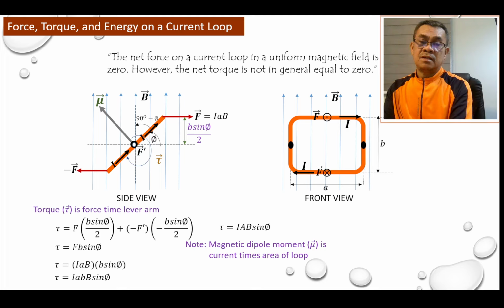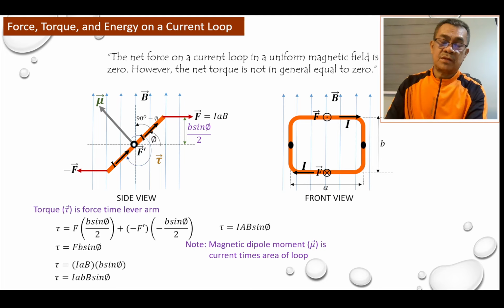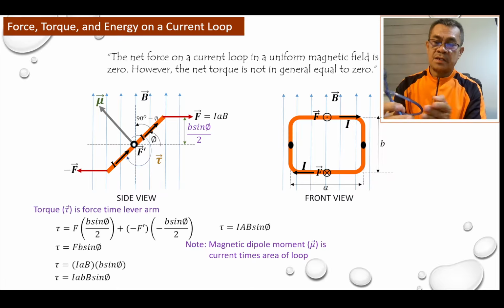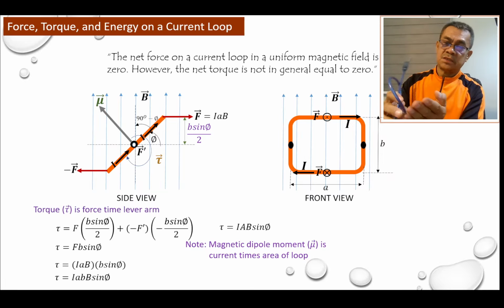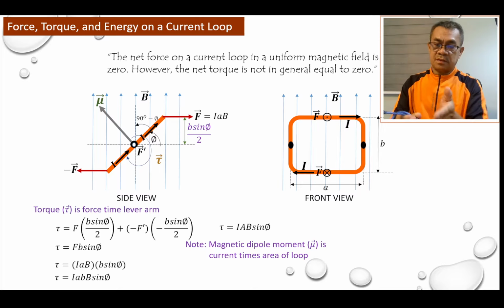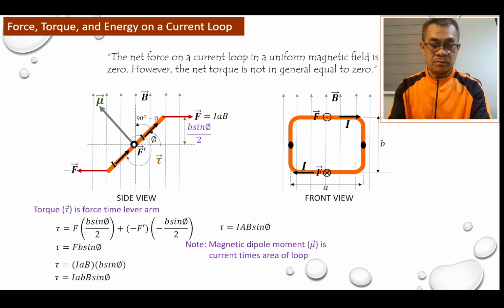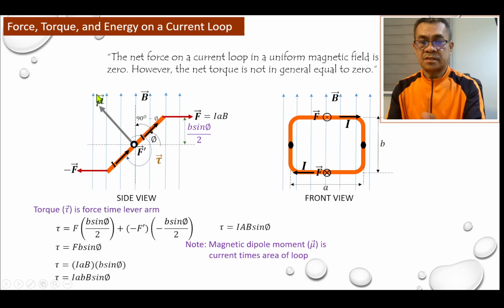Why? Because look at this one. If we have this loop, for example, and the current is in this direction, then you can curl your fingers along this curve, stretch your thumb, and the direction of your thumb will be the dipole moment. So this is the dipole moment.